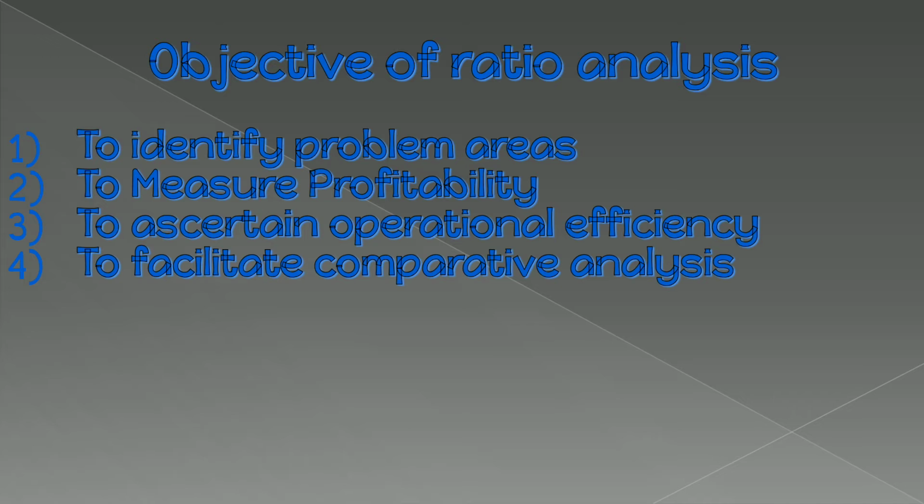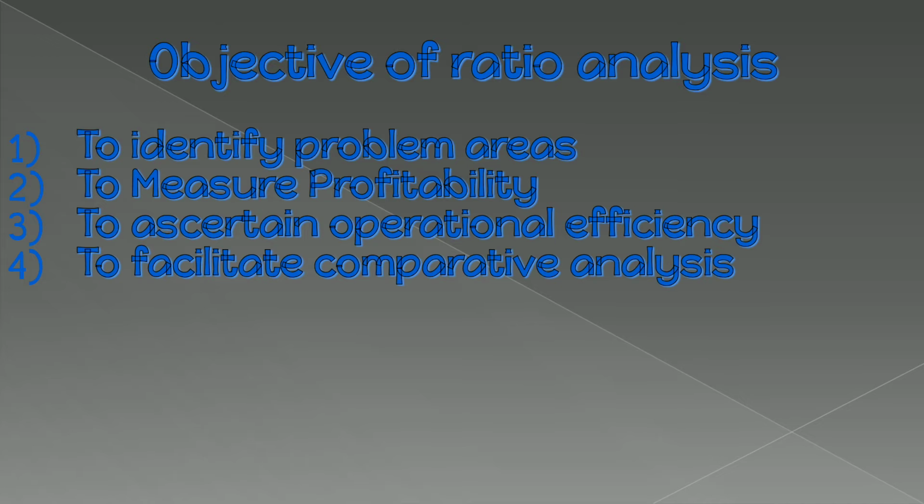But suppose A has earned 2 lakh by doing business with a turnover of 5 lakh, and B has earned a profit of 3 lakh with a turnover of 10 lakh.